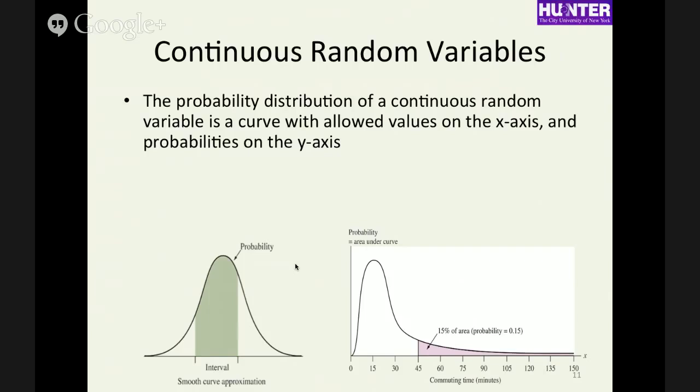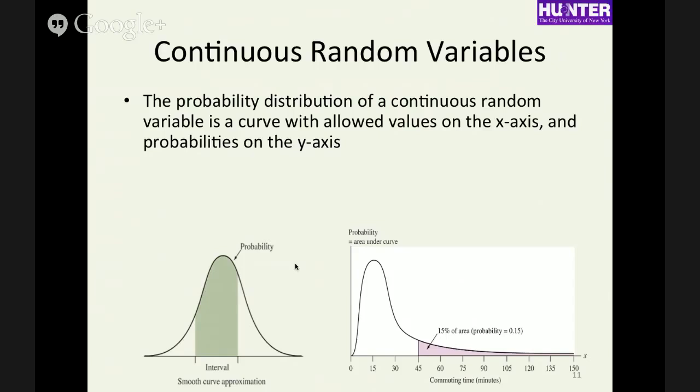But what you can quantify is the probability of getting a value in a certain range. So we're going to be doing a lot of looking at the probability distributions of a continuous random variable.